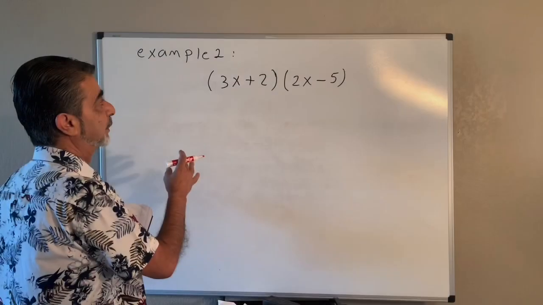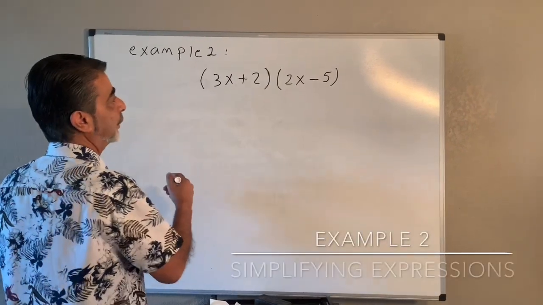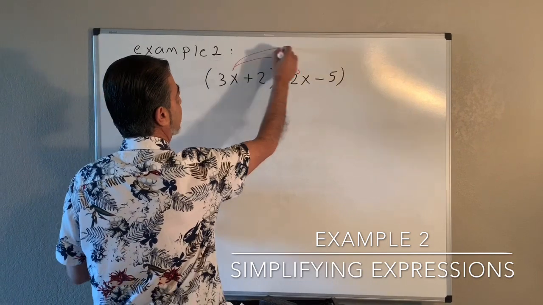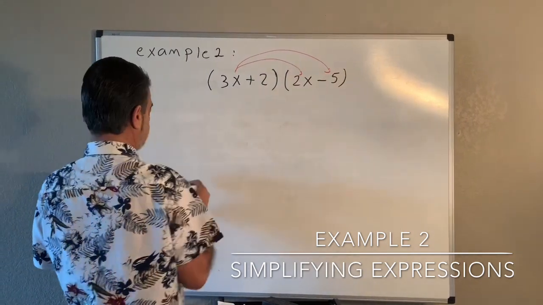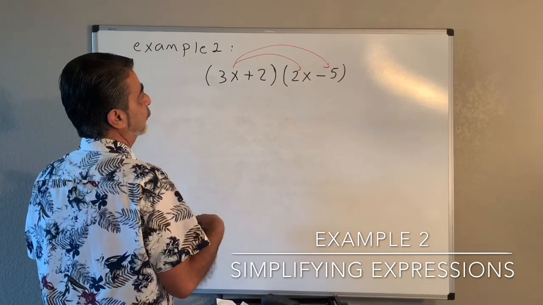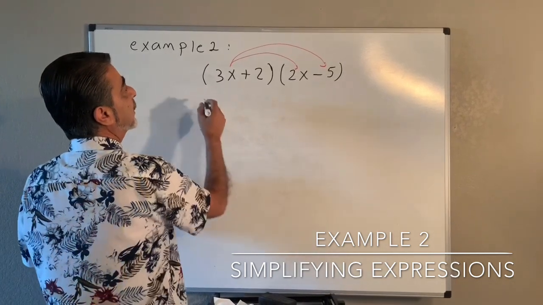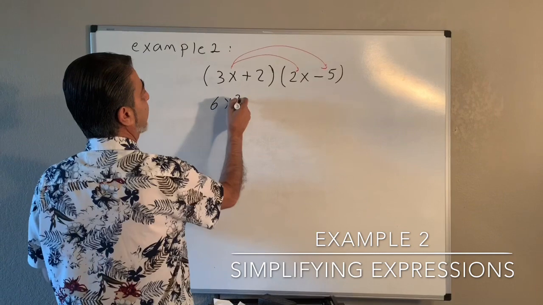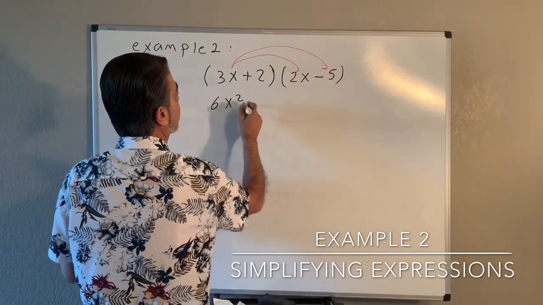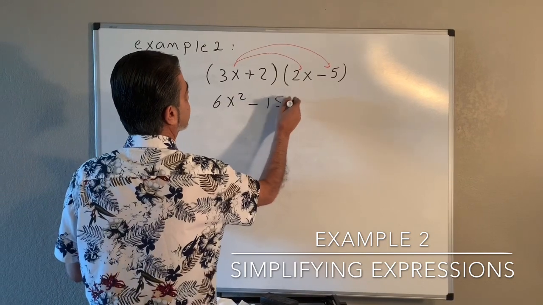An example is we use the FOIL method, which is we multiply this by this first and this by this. If we do that, we have 3x multiplied by 2x, that's going to give us 6x squared. And if we multiply 3x times negative 5, that's negative 15x.